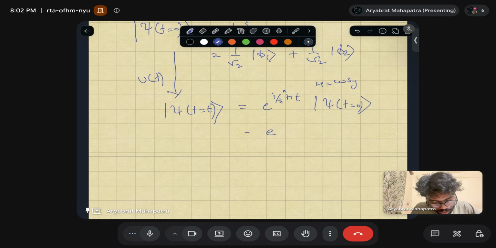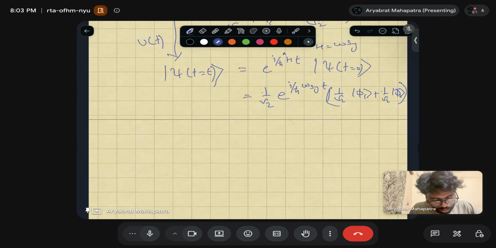So I have 1 over square root 2 and exponential of i by h bar, omega S_y t acting on the whole thing, 1 over square root 2 phi 1 plus 1 over square root 2 phi 2. You can do the same type of operation which we have done last time as well.